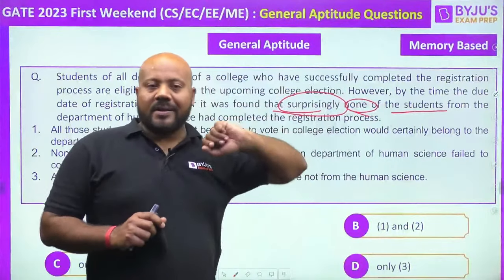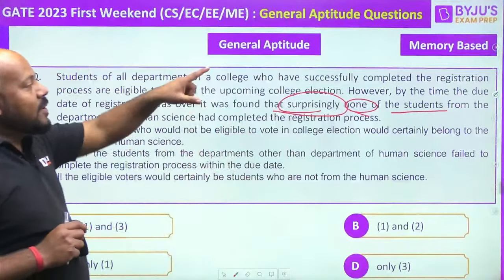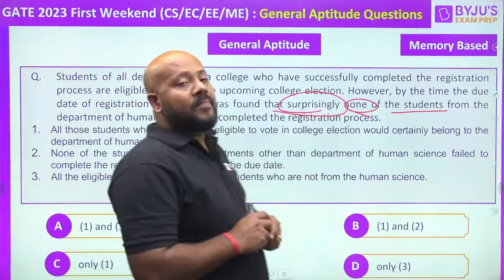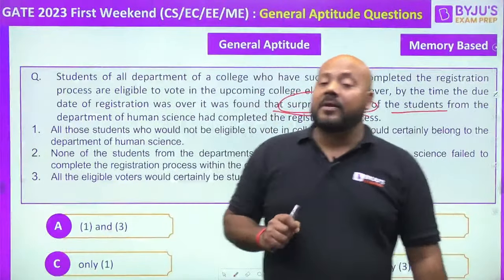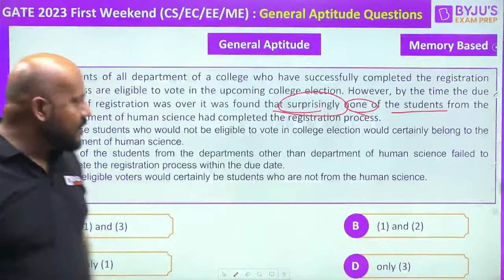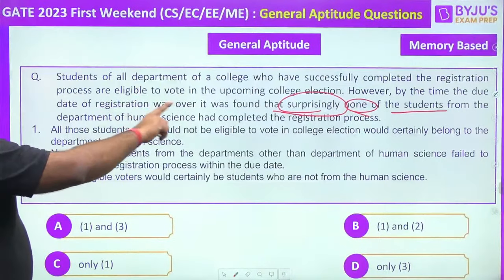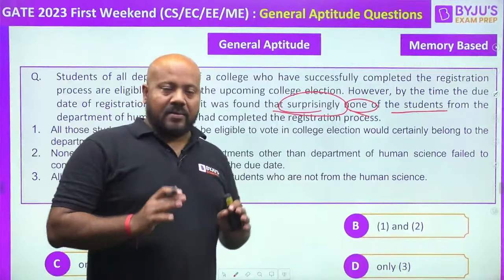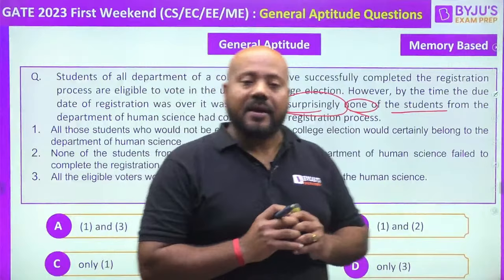They can vote in the upcoming college election. However, by the time the due date of registration was over, it was found that surprisingly, not a single student from the Department of Human Science has completed the registration process. Now, depending upon this passage, you have to find which of the following statements is correct.